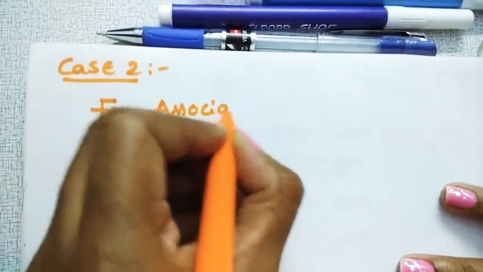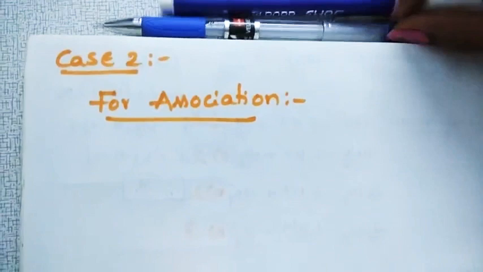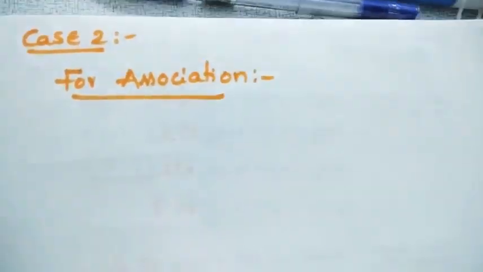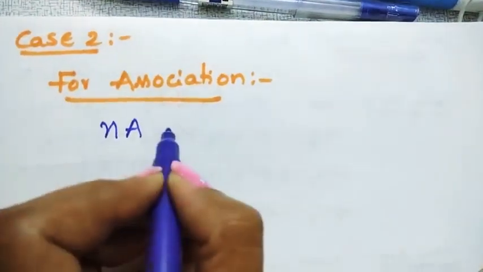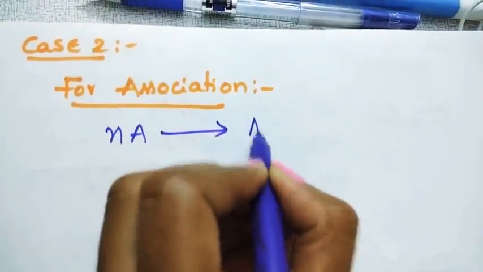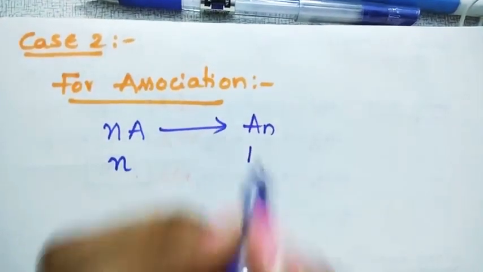Case 2, for association. Suppose n moles of A is there. n moles of A is associated into 1 mole. This is n moles, and this is 1 mole.